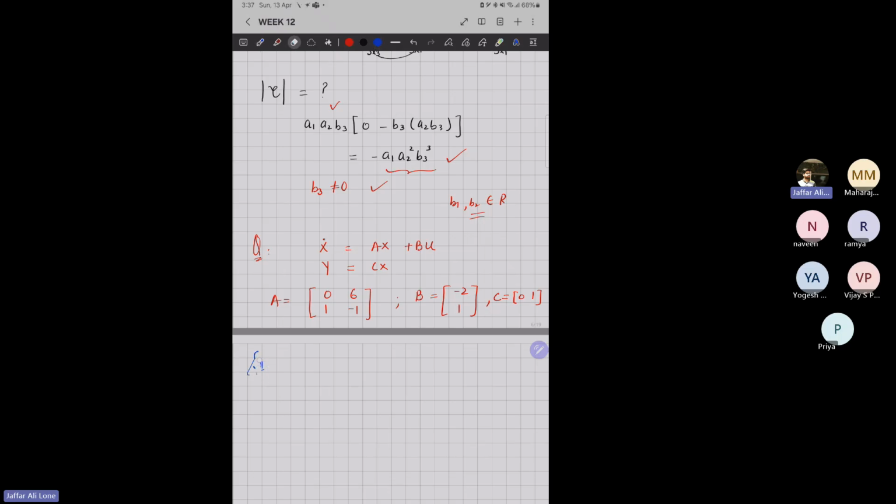Okay, I'll write different questions. Question 1 is find whether it's controllable or not. Question 2 is find the eigenvalues of A. If you have done question number 1, go for question number 2: find the eigenvalues of A.